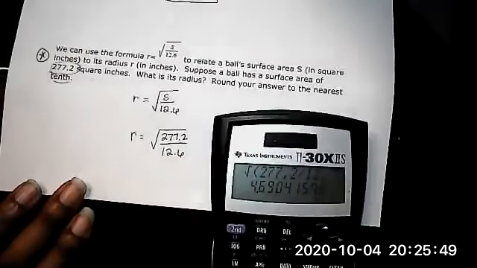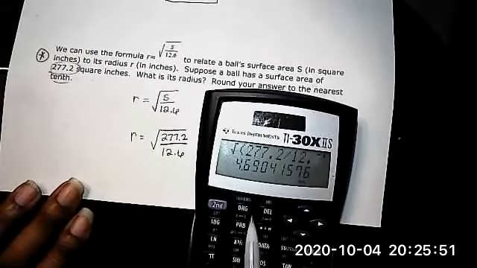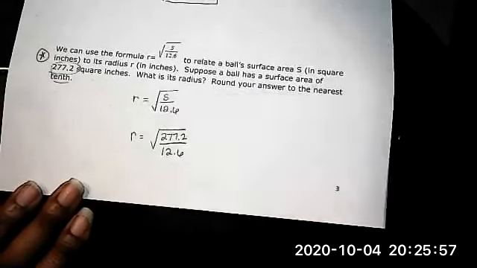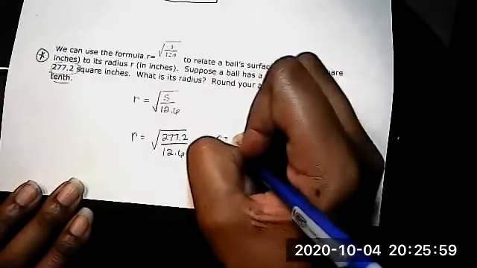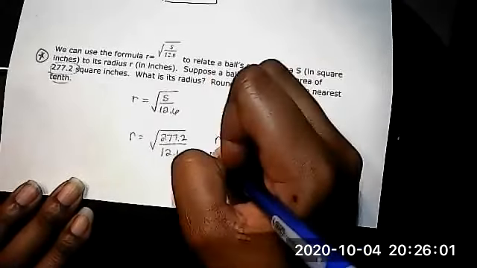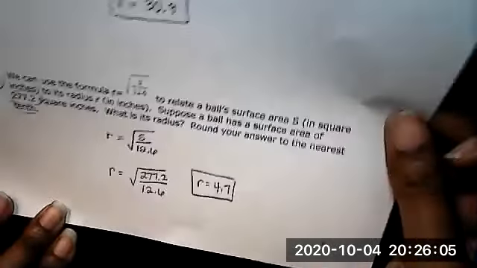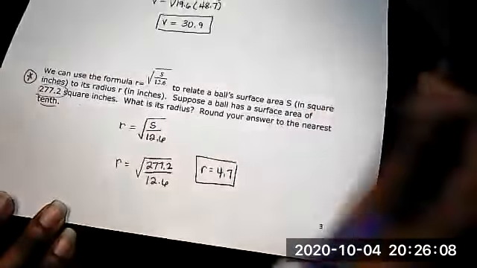And it says round to the nearest tenth, and the tenth is here. So 9 is 5 or higher, that will make that 7. So it'll be R equals 4.7, because they want us to round to the nearest tenth, okay? Good, and your radius is in inches, so 4.7 inches for that one.